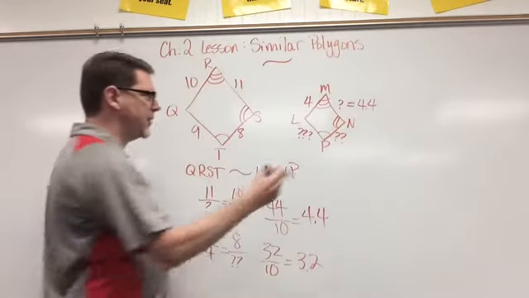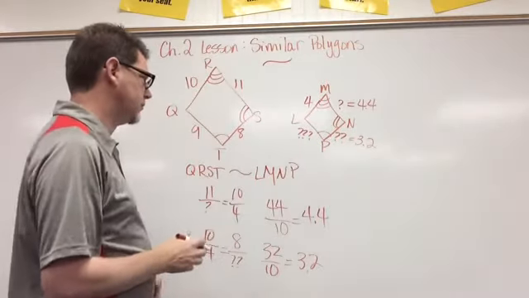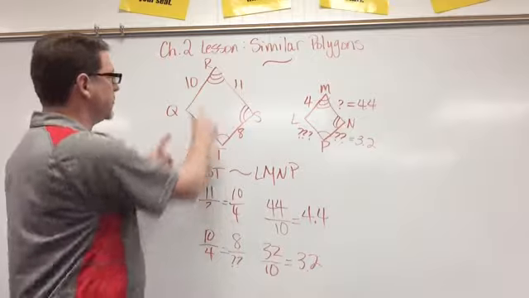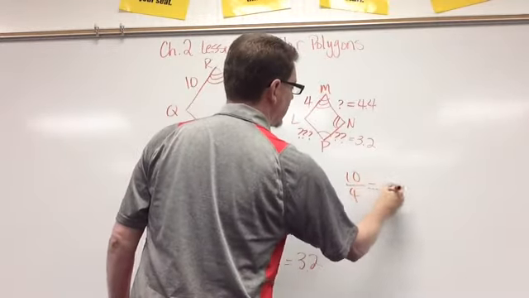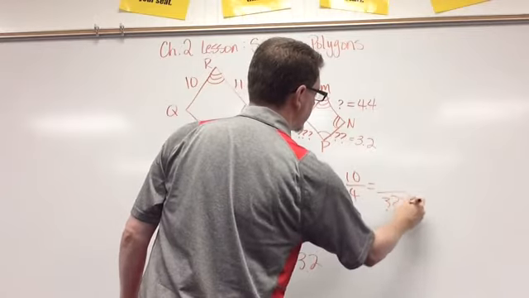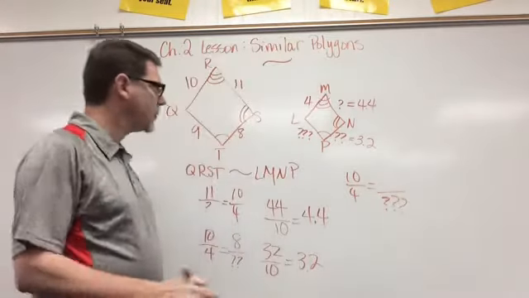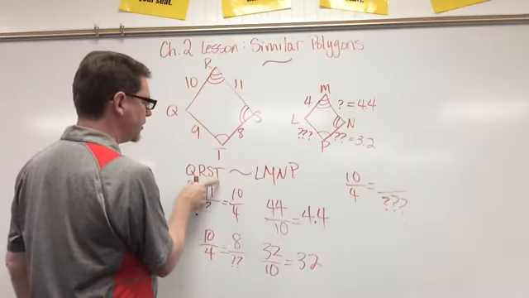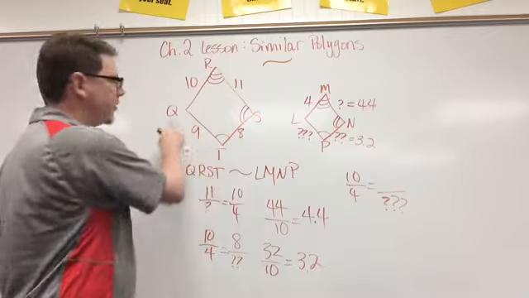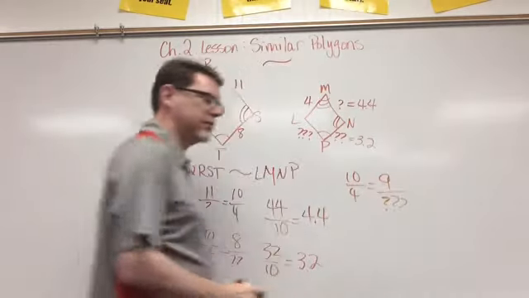So let's find the last one. 3 question marks. Okay, we still know 10 over 4. 10 over 4 is still matching, so I'm going to do 10 over 4 equals something over 3 question marks. That's a question mark, not a 3. What does PL match? PL matches QT. Oh, it's QT. QT is 9, so we know a 9 goes there.